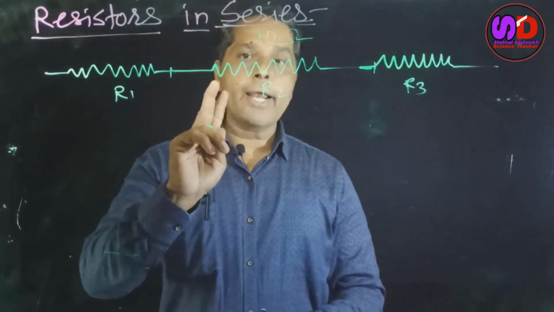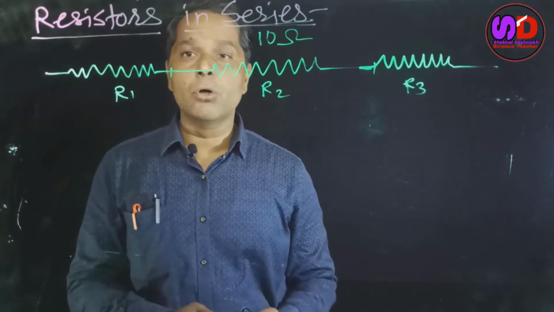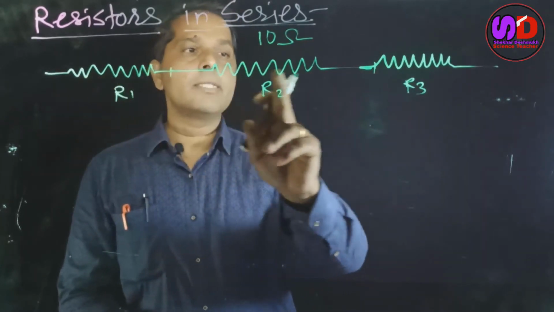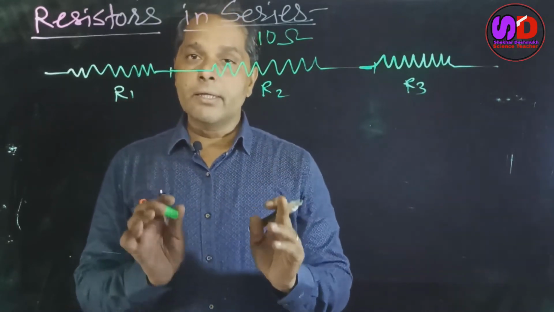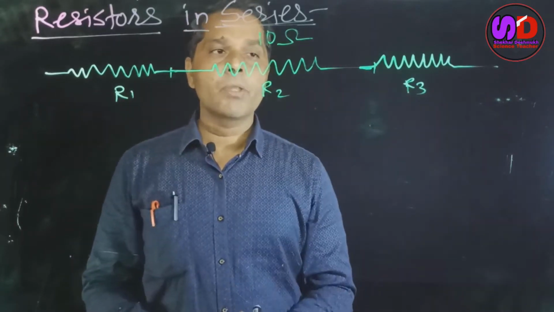There are two criteria to find out whether the combination is series or not. First, all these resistors must be connected in one line, head to tail. It is there.